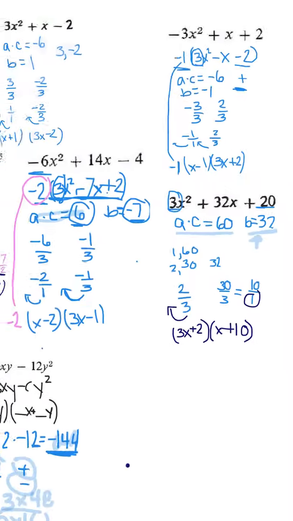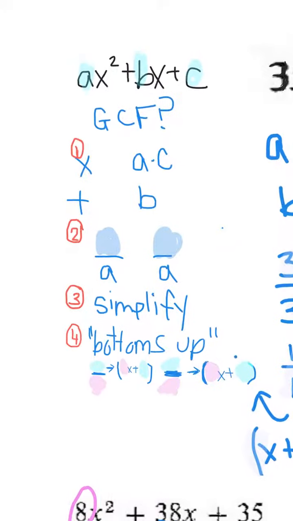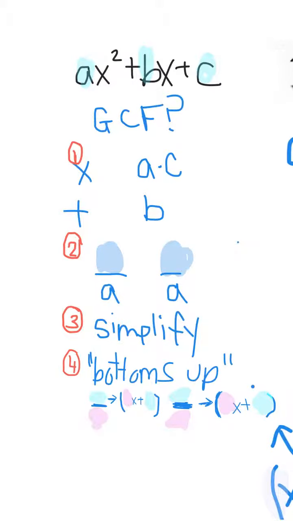That's enough examples. Let's just go and recap the steps really quick. For factoring trinomials that have the form ax squared plus bx plus c, in other words, this leading coefficient is something other than 1, the steps are, first, before you do anything else with any type of factoring, you look for GCF.